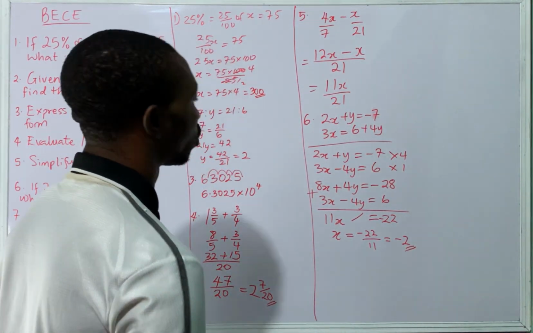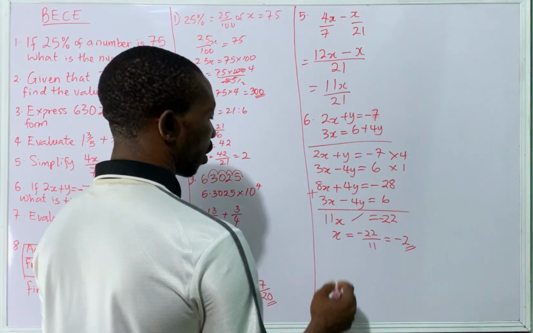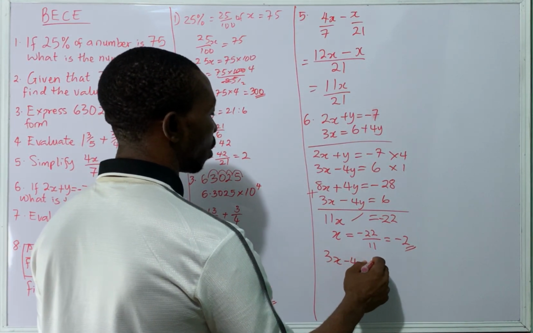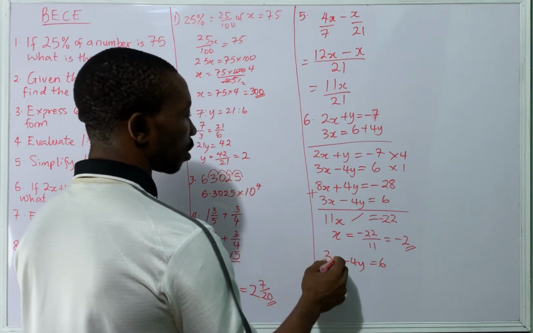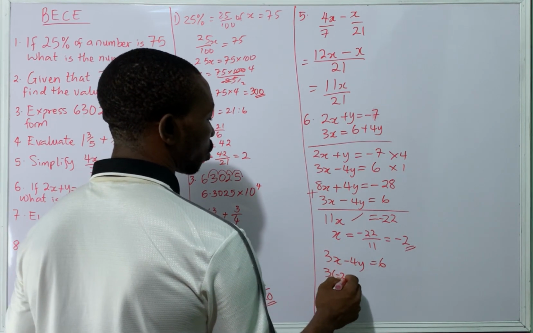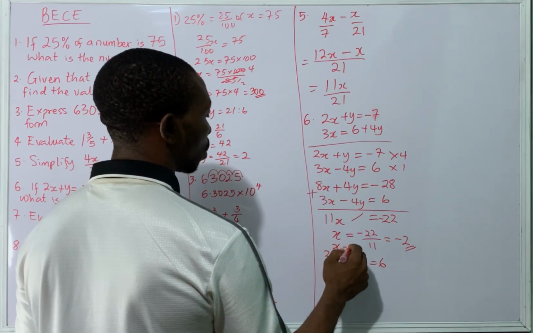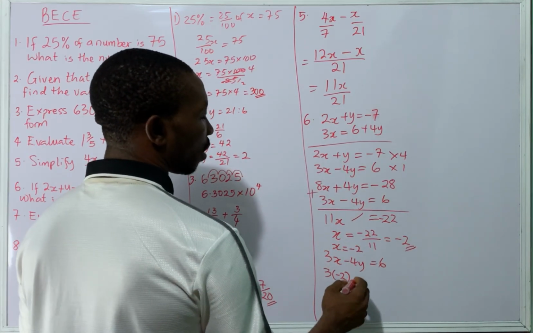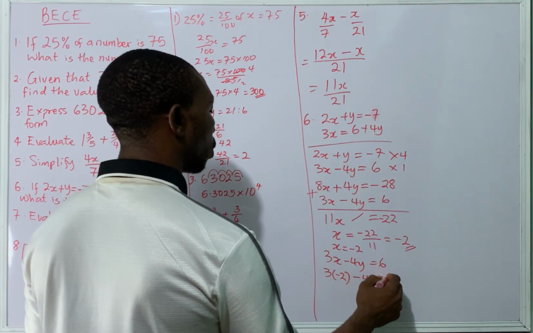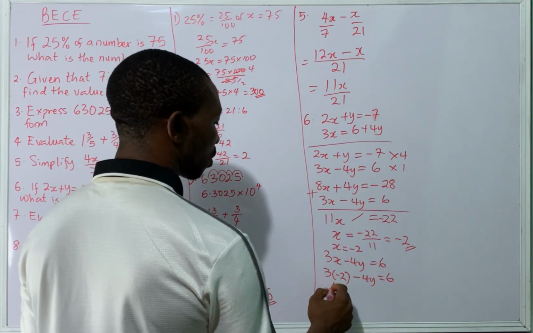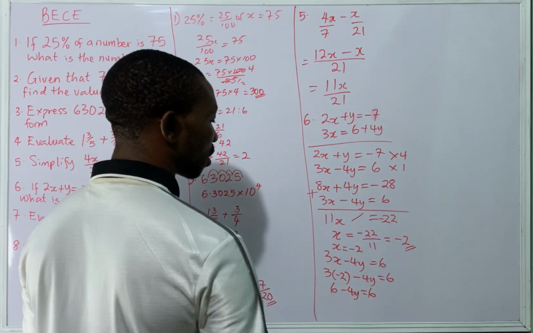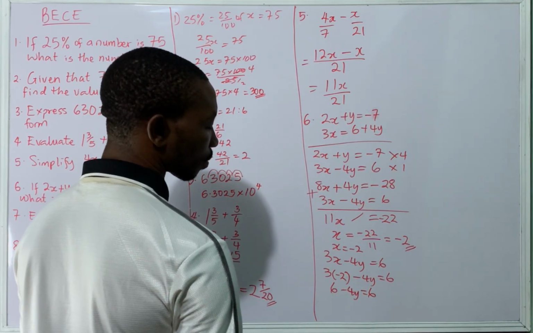Now let's substitute into equation 2, where we have 3x minus 4y equals 6. So since x is minus 2, this becomes 3 bracket minus 2 minus 4y equals 6. So this gives us minus 6 minus 4y equals 6.